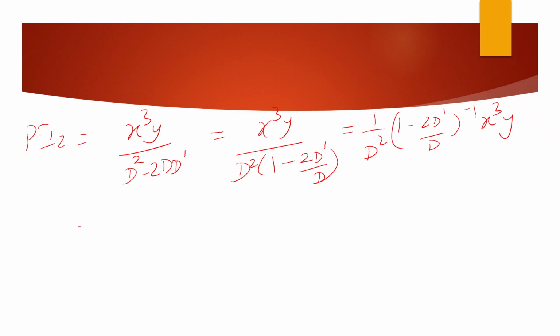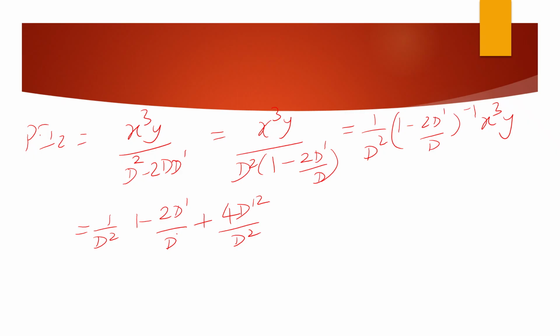So from this we get 1 by D square of, now expanding it as a binomial series, 1 plus 2 D dash by D plus 4 D dash square by D square plus 8 D dash cube by D cube. Actually from x cube onwards we can't find the third derivative of this function because it becomes 0.